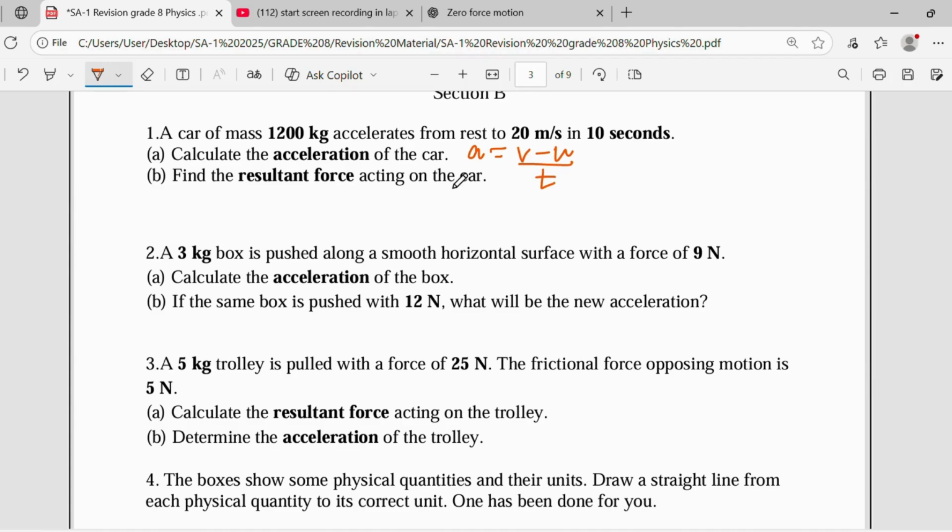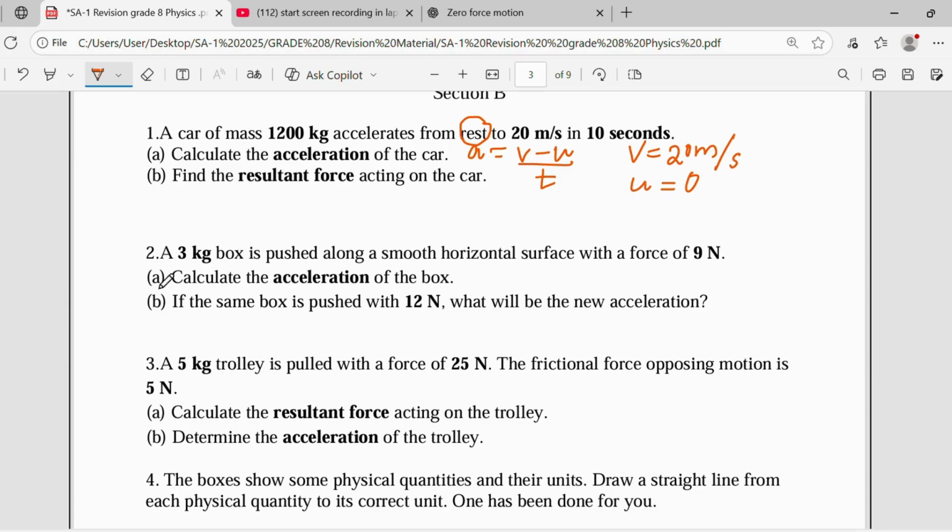Here the value of v, that means the final velocity, is 20 meters per second, and the initial velocity is 0. Why? Because the car accelerates from rest. So the initial velocity u equals 0.